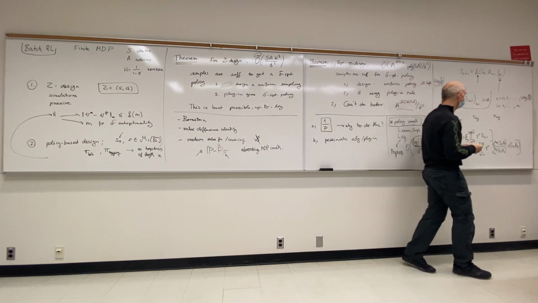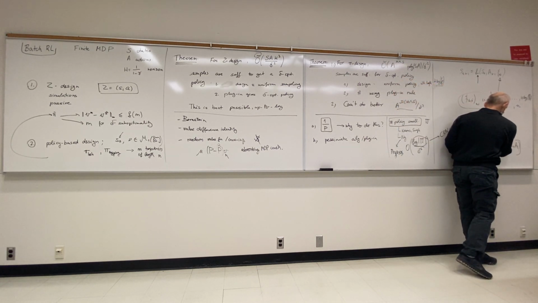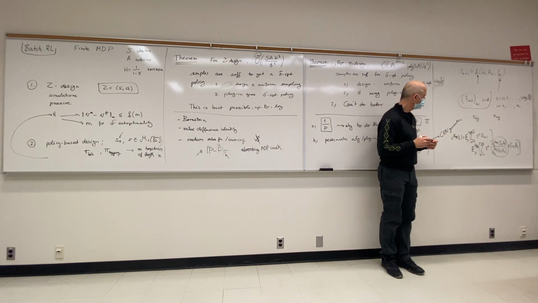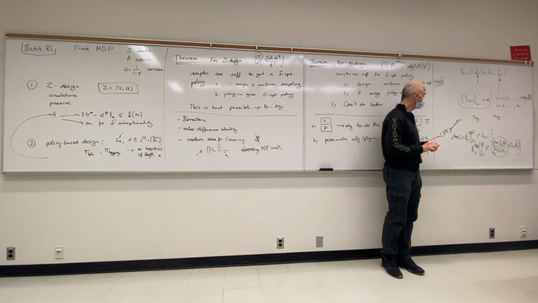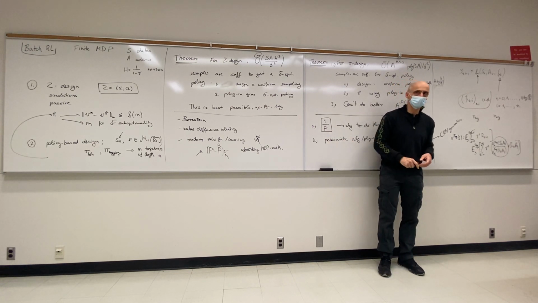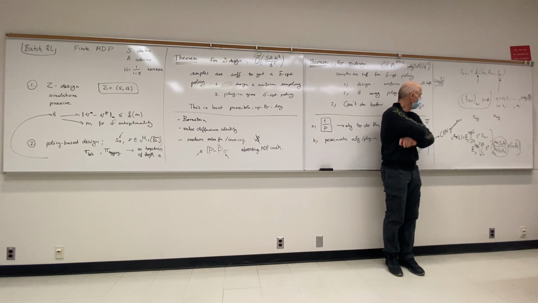And then the big question is whether this is going to be controlled. And most of the time it's not controlled. Some people write things in terms of these ratios and push these quantities through.